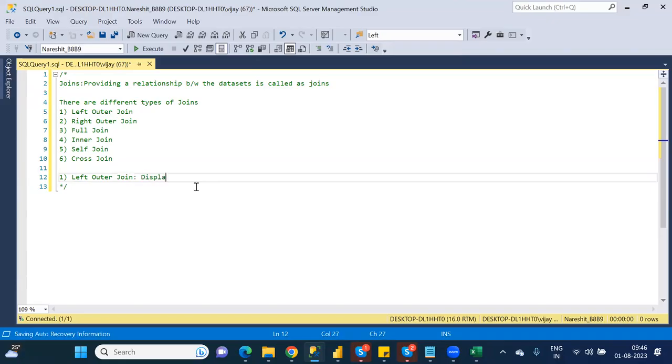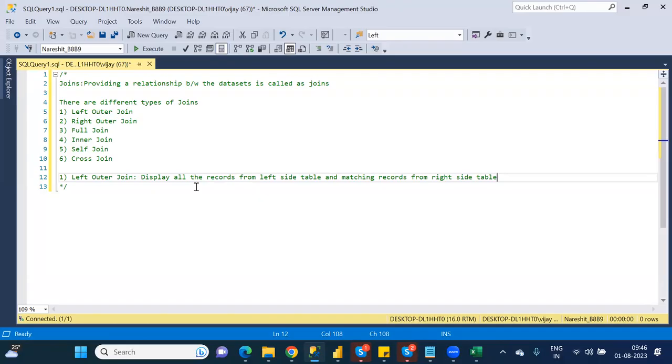Display all the records from left side table and matching records from right side table.